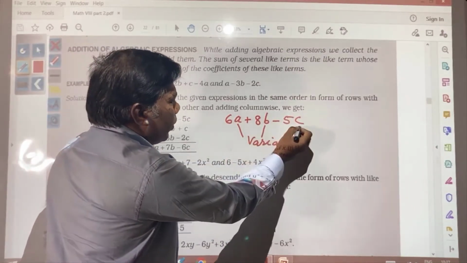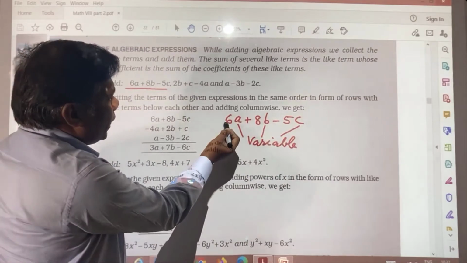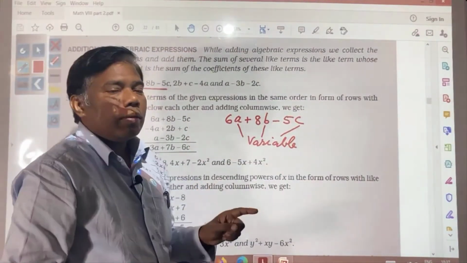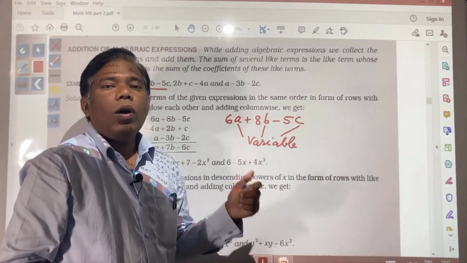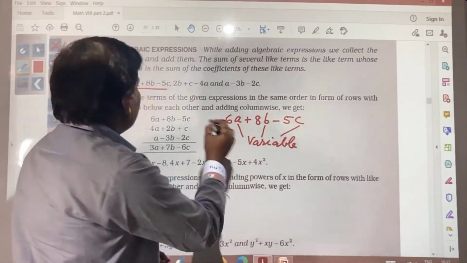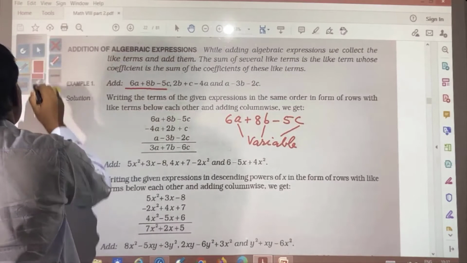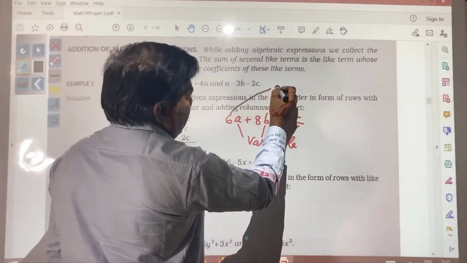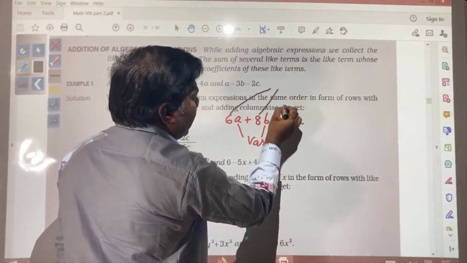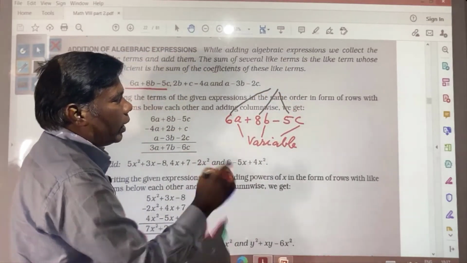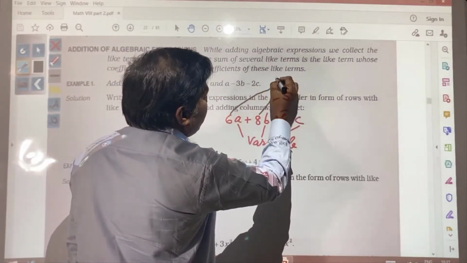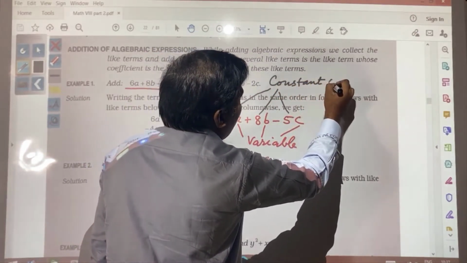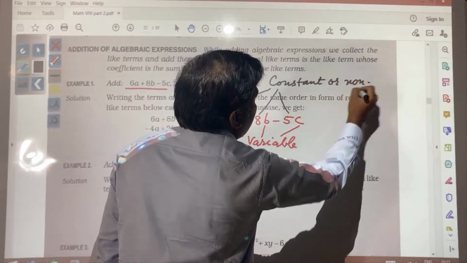So these all will be called variables, and these numbers 6, 8 and 5 are constant or non-variable terms. These do not vary, because 6 means 6, 8 means 8, 5 means 5, it does not vary. So this is called non-variable or constant term.